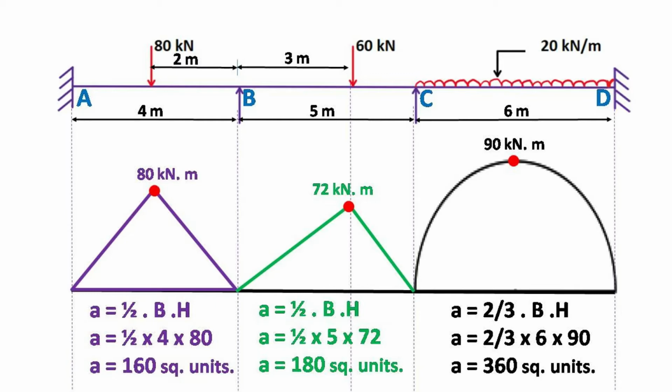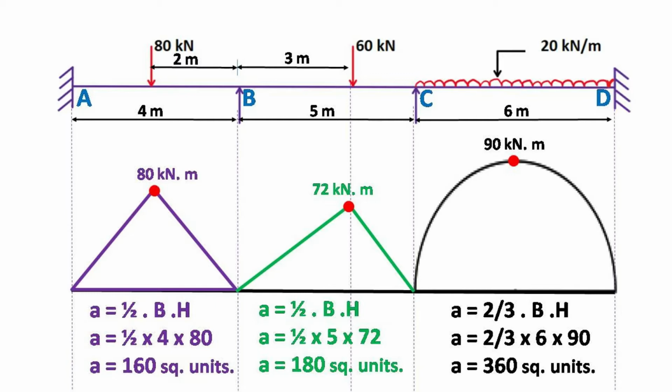The vertex of the triangle in span AB will have an ordinate of its free bending moment equal to 80 kN meter. Similarly, the vertex of the triangle in span BC will have an ordinate of 72 kN meter. And the maximum ordinate of the parabola in span CD is 90 kN meter, as shown in the figure. This total figure represents the free bending moment diagram of the given continuous beam A, B, C, D.